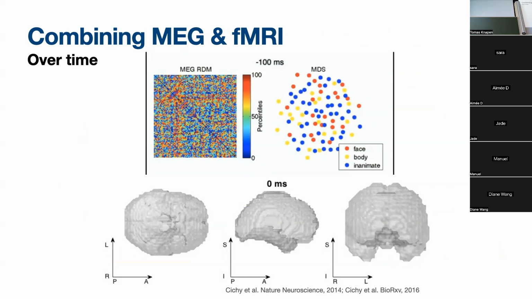And what it allows you to see is how the structure in the representational dissimilarity matrix evolves. You see things like faces, bodies, and inanimate objects start to cluster at certain time points. I won't go into the specifics of this multidimensional scaling. It's not that complicated, but you'll see these things starting to cluster over time.